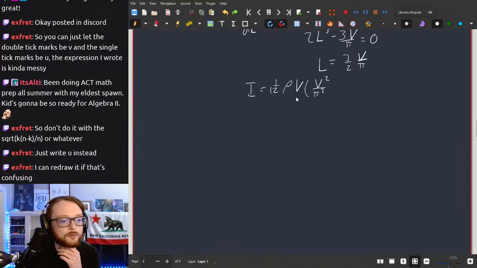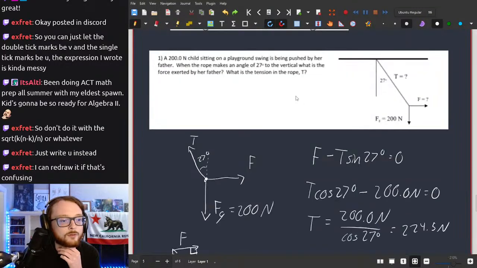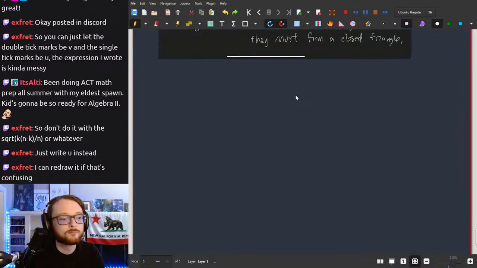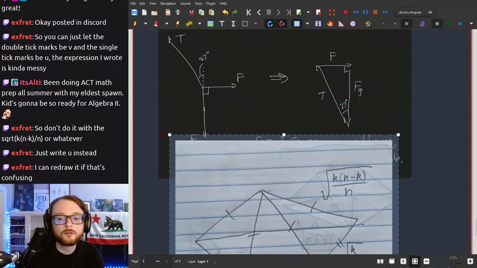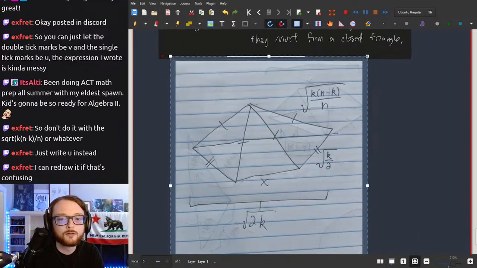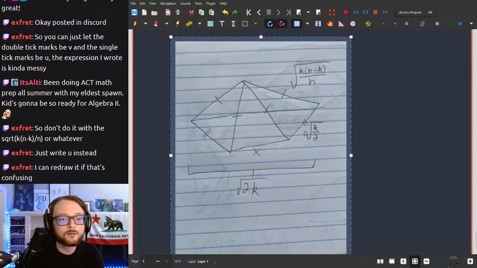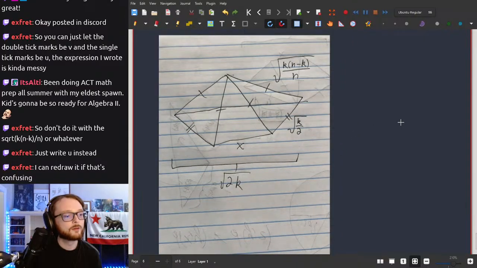Let's see. Let the double tick marks be V, the single tick marks be U. The expression you wrote is kind of messy. Oh, okay, so you have a different thing.